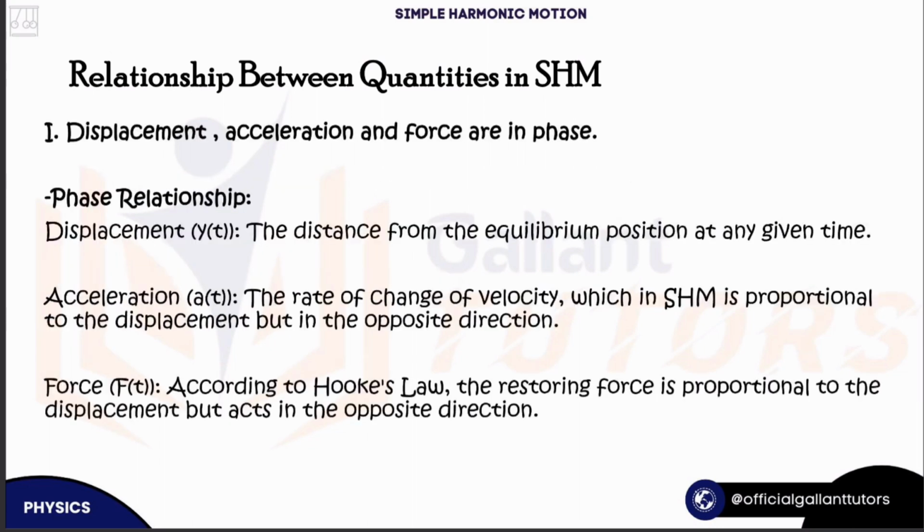Alright, so the first is the phase relationship between displacement, acceleration, and force. Displacement, as you've known now, is the distance from the equilibrium position at any given time. Acceleration, which is the rate of change of velocity in simple harmonic motion, is proportional to displacement but in opposite direction.